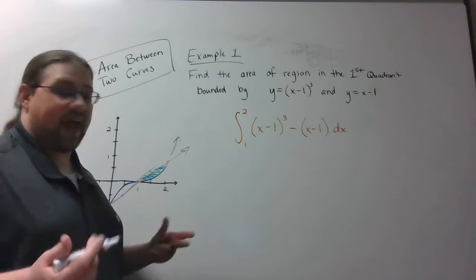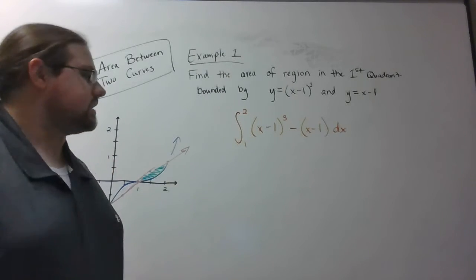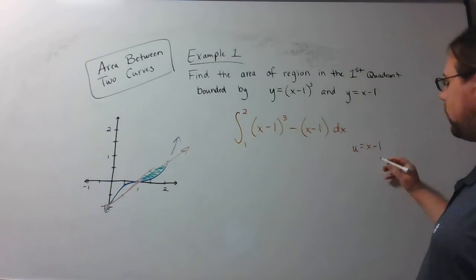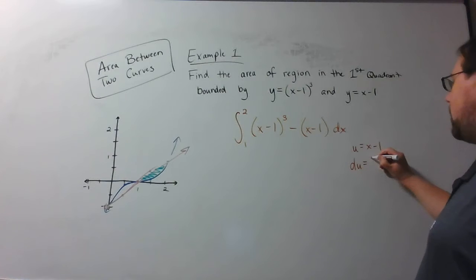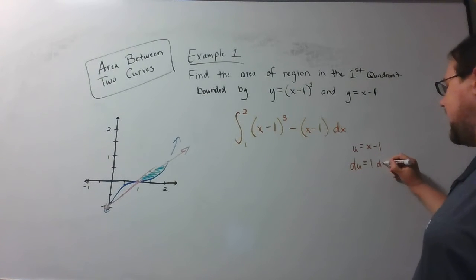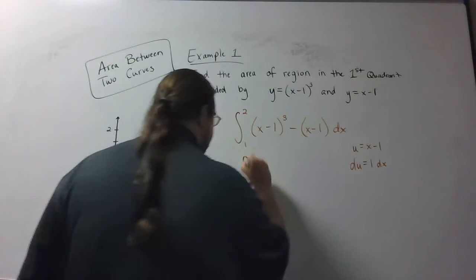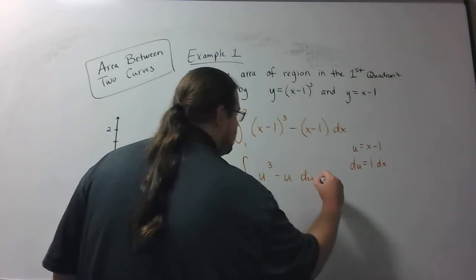You may want to do a u substitution on this one because they look similar. I would let u equal x minus 1, so du is just 1 dx. Pretty nice u substitution here. It ends up being u cubed minus u du.